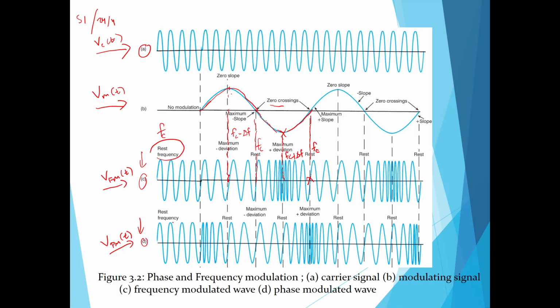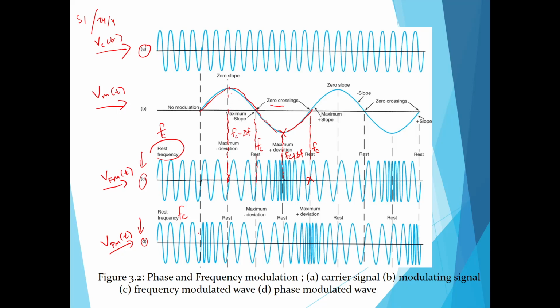For PM, initially at rest frequency, the critical changes happen at zero crossing, different from FM. For an FM signal, critical changes happen when the modulating signal achieves the peak amplitude, while for PM, phase modulation, critical changes happen during the zero crossing.